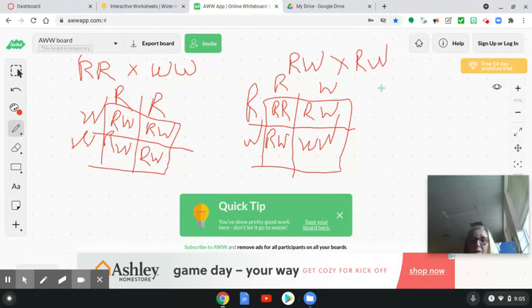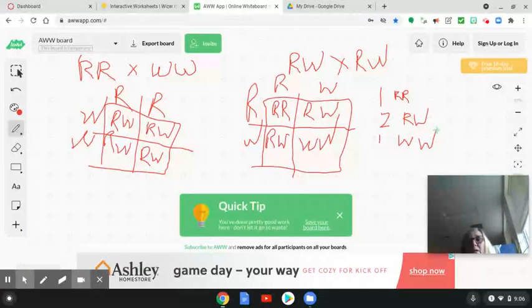All right, so you're going to have one RR, two RW, and one WW. Now, this is genotype. The phenotype would be one red, the phenotype would be two roan, and the phenotype would be one white.